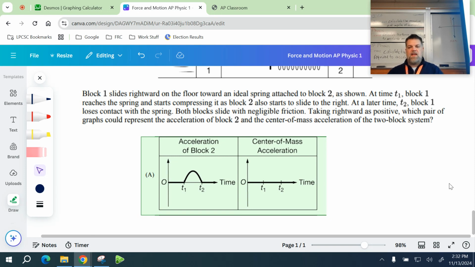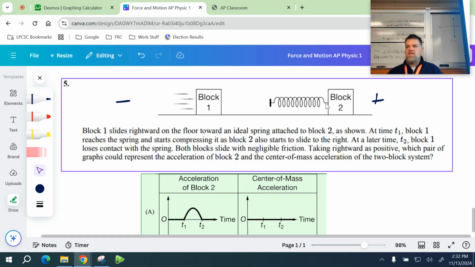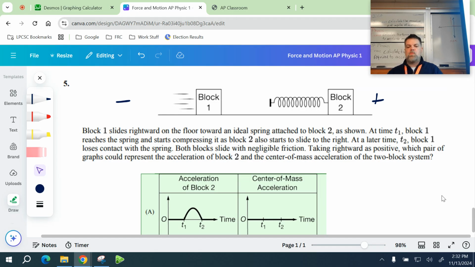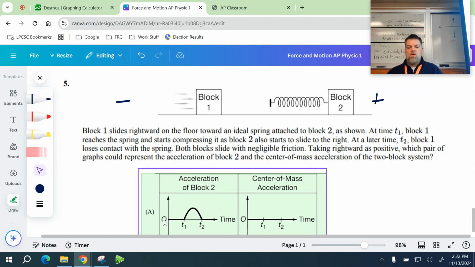Block 1 slides right. So block 2 is just sitting there minding its own business, living its best life. Block 1 comes along and slides into the spring. Now prior to that, block 2 is not moving at all. So here is block 2. This represents the acceleration. This is 0. That's what that O is for. So then the acceleration is here.